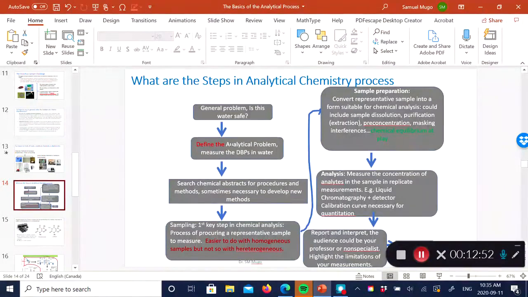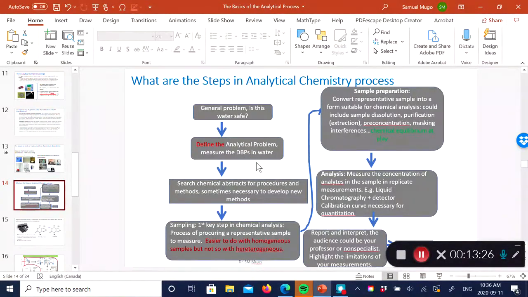Are they pesticides? Are they polyaromatic hydrocarbons? Or are they pathogens, things like E. coli and other types of bacteria? So as an analytical chemist, you have to define what you would be looking for in that water, what you'll be analyzing in that water as an indicator of its safety.